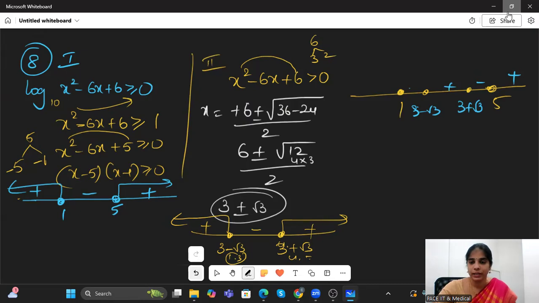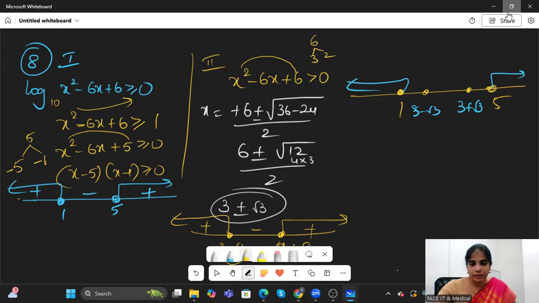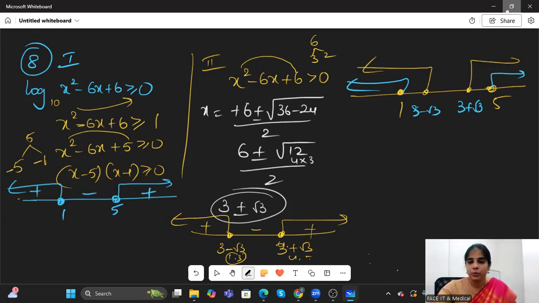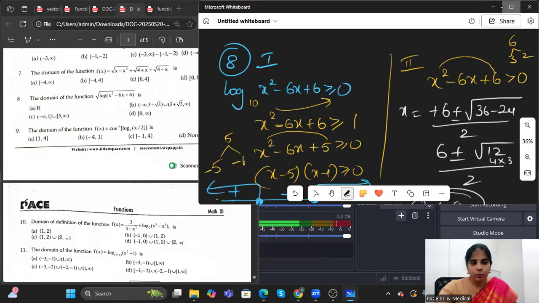Draw the number lines you have already given there: 1 towards the left and 5 towards its right, and 3 minus root 3 towards the left and 3 plus root 3 towards the right is what we have as the option there. Now, which option is perfectly tallying?